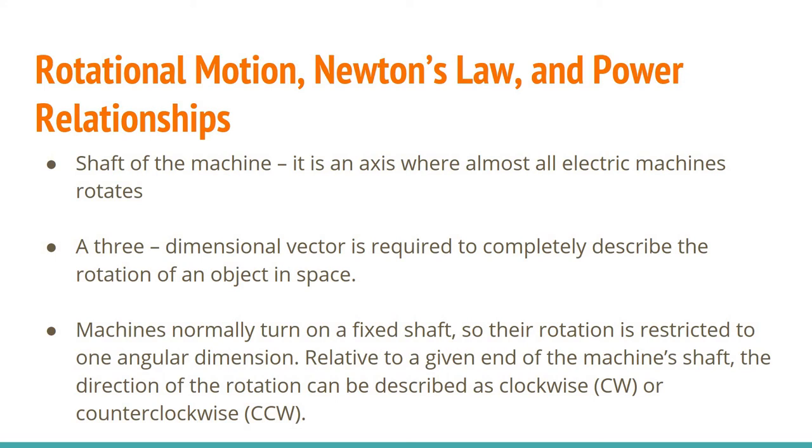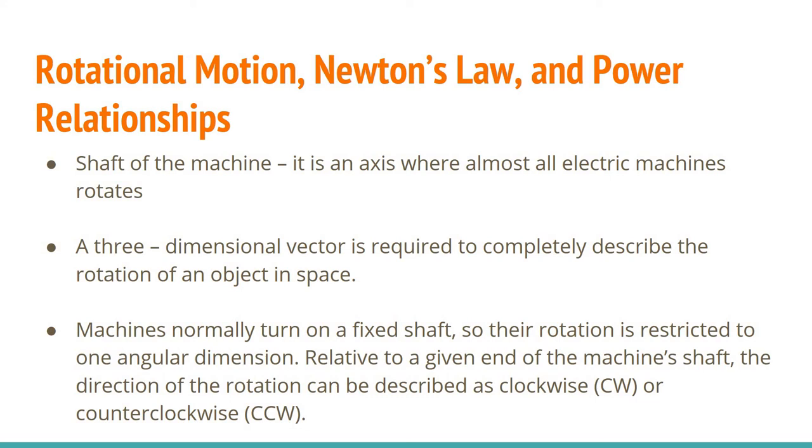Even in math there is a topic on vectors in calculus, differentiation and integration. So please review, because in the subject Electrical Machines 1 it is just application. The manipulation of equations was discussed in math, physics, and electric circuits subjects. Okay, machines normally turn on a fixed shaft, so the rotation is restricted to one angular dimension.